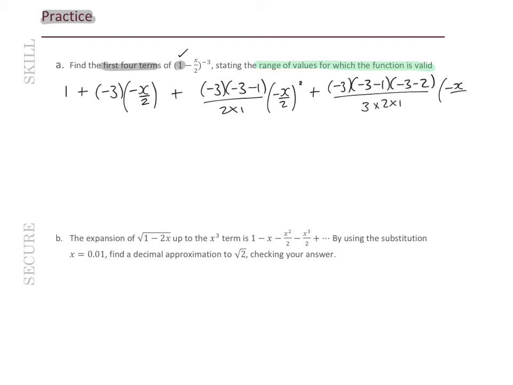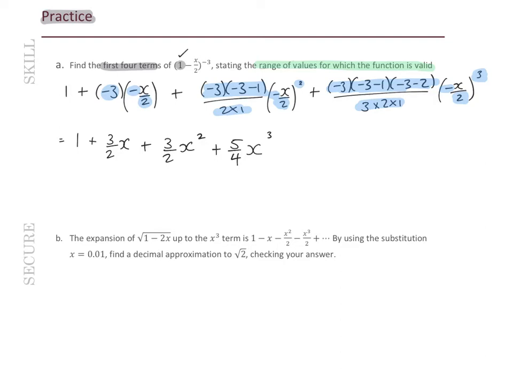So we're just subbing into this carefully, and then when I come to evaluate, I'm going to put in all of these bits in my calculator. So minus half squared, all of that, minus half cubed. So putting that all in my calculator, don't forget about your x squareds and your x cubeds, and then that is my expansion.